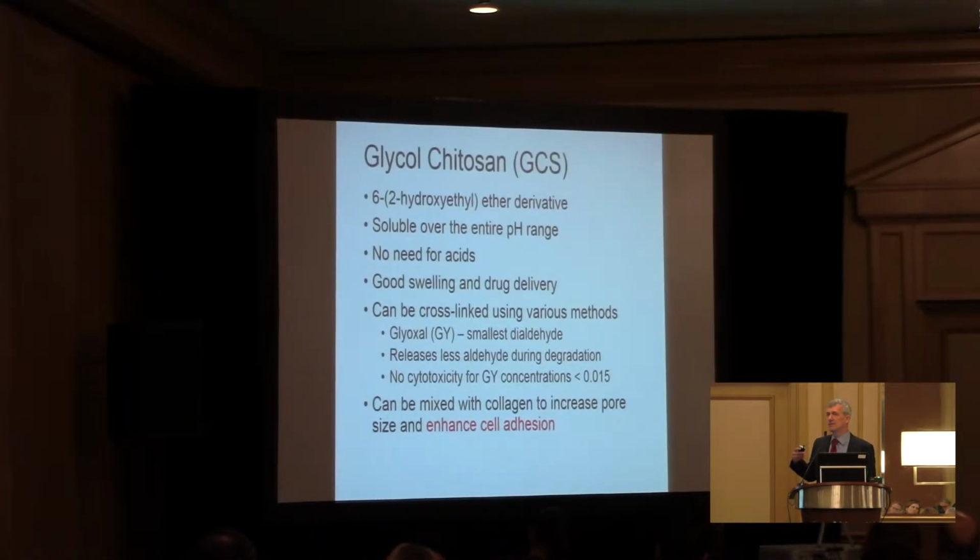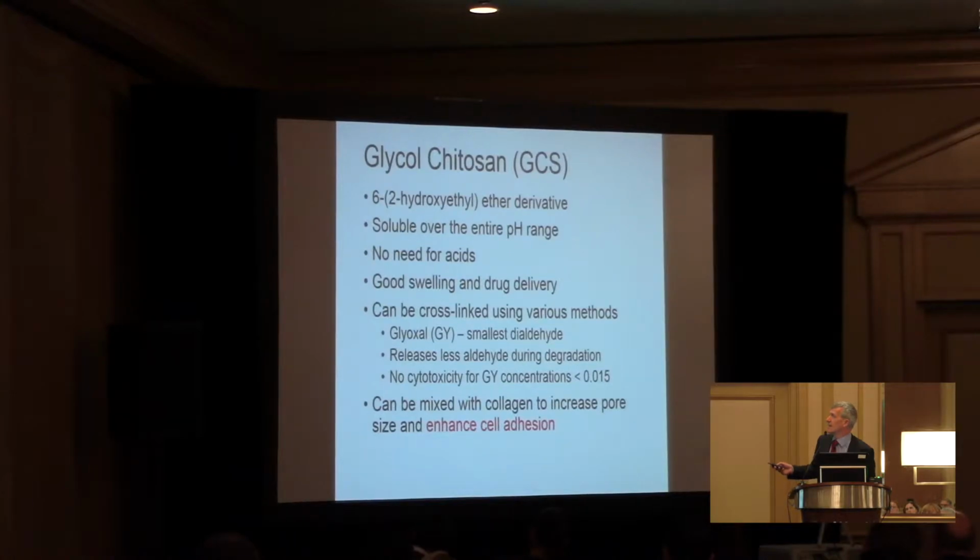So you don't need a very acidic solution to be able to dissolve the chitosan into a solution. Glycol chitosan has good swelling properties, good drug delivery properties, and it can be mixed with collagen to increase pore size and enhance cell adhesion. I'll talk more about the mixing with collagen in just a second.